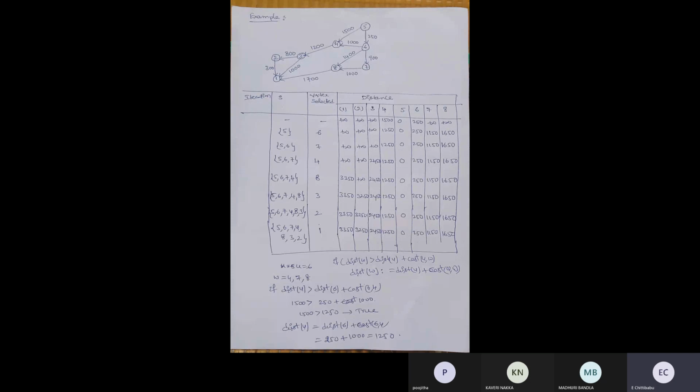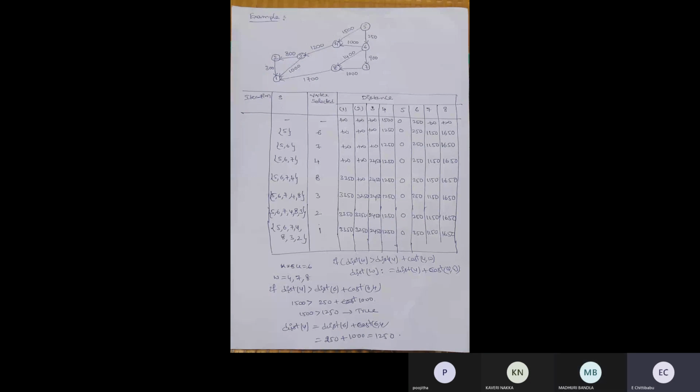Next is this example diagram. Madhuri, sir. Look at this diagram carefully. Okay, sir. Yes, this is the starting vertex, 5.